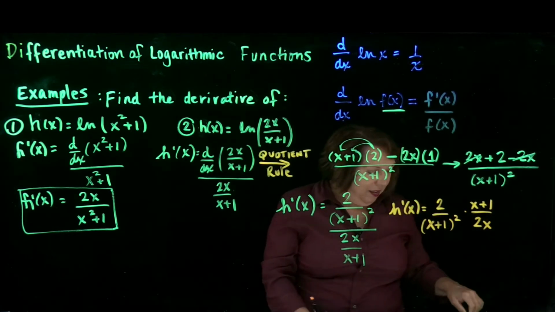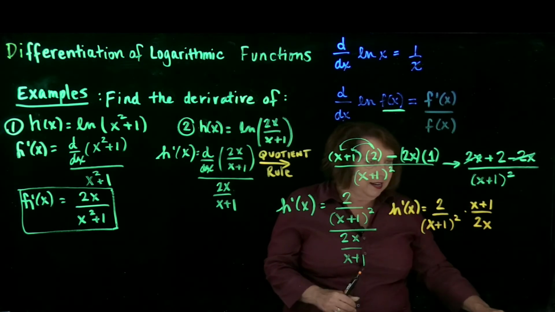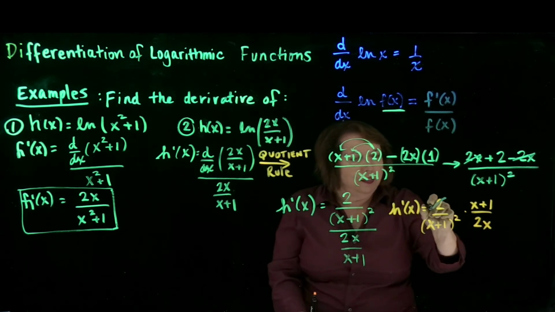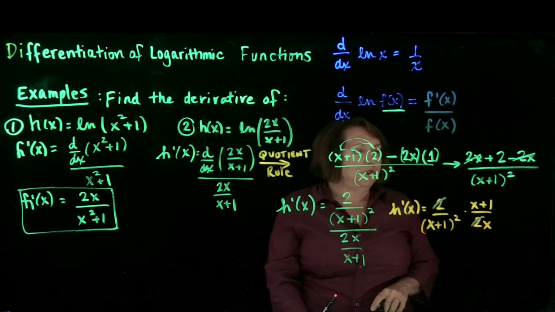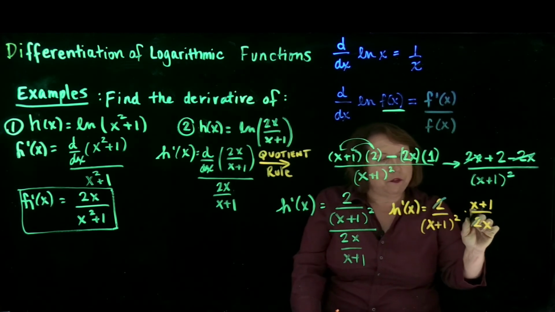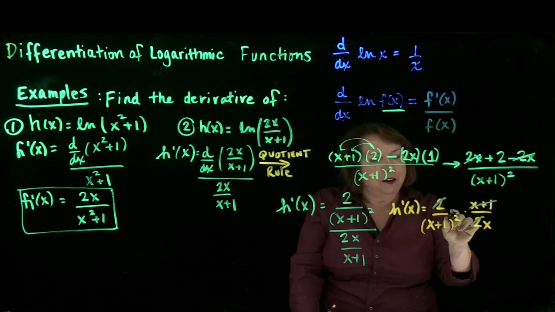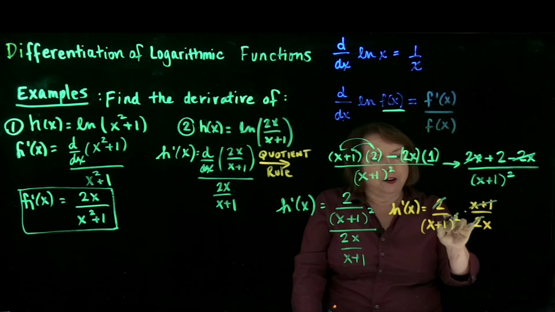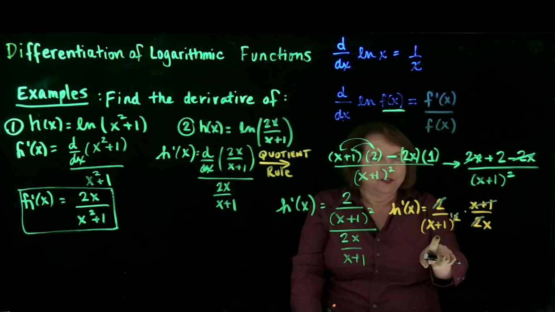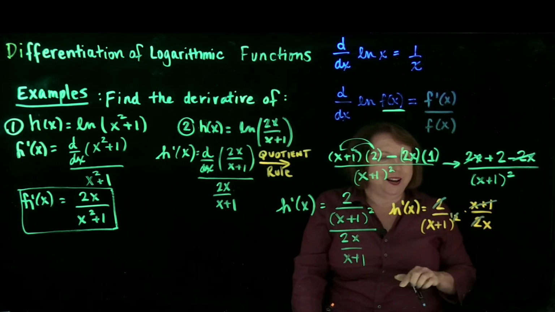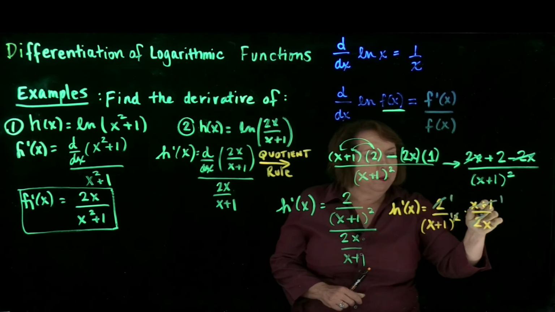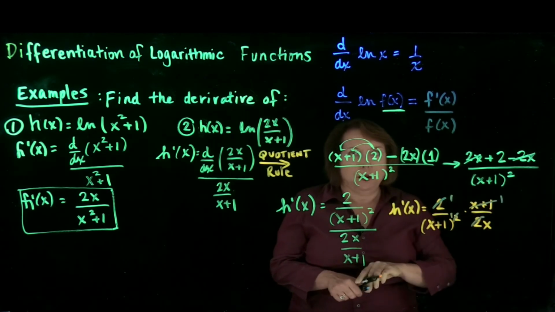So there's a few things I can remove here. I see that I have a 2 in the numerator and a 2 in the denominator. I also see that I have a factor of x plus 1 in the numerator and a factor of x plus 1 in the denominator. That would leave me just one copy of x plus 1 here. And anytime I remove a factor, that leaves me a 1.